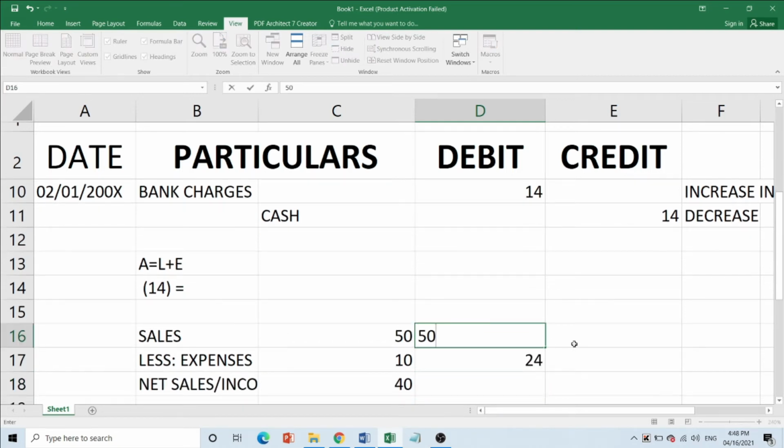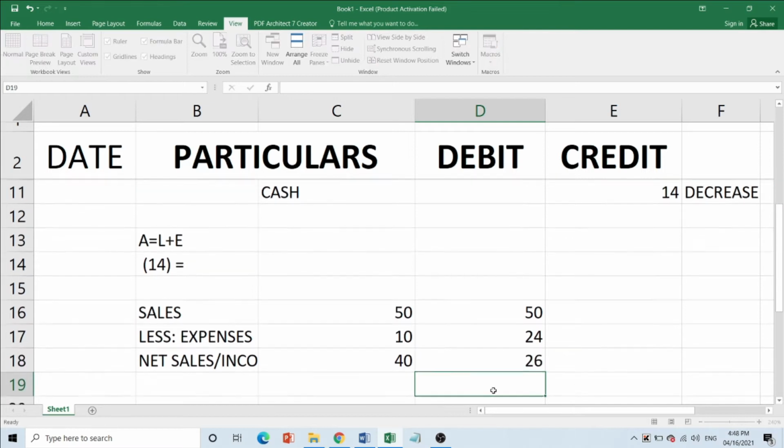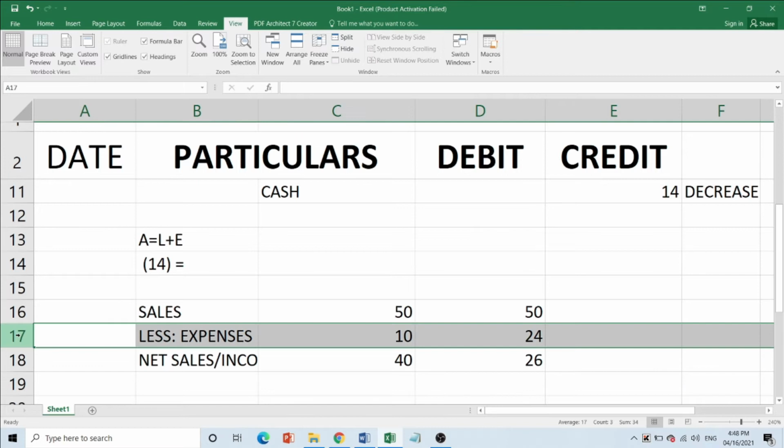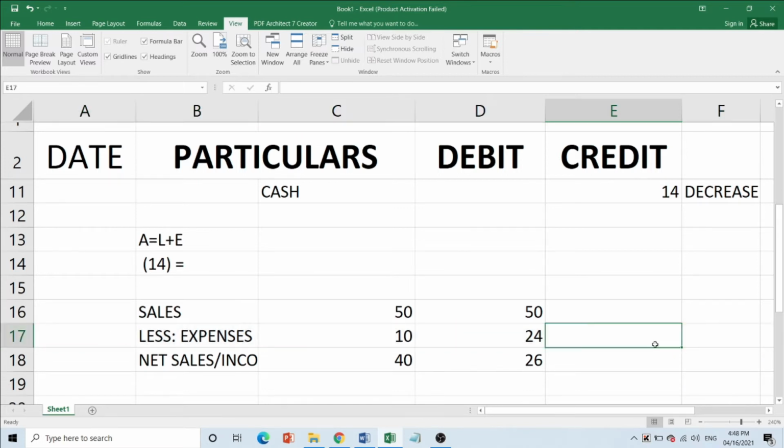Example, 50 lang. Ayan. 50 minus 24 is magkano? 26. Ayan. Tingnan po ninyo ang effect kung nag-increase.